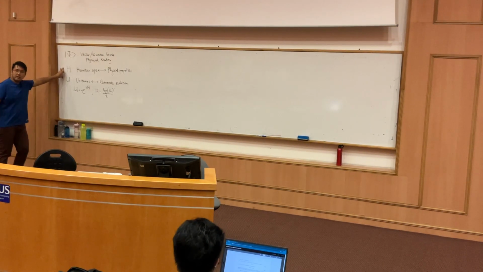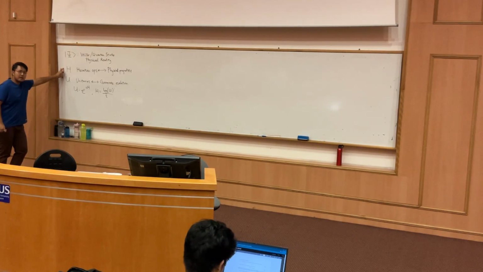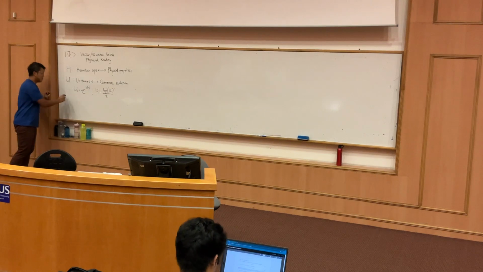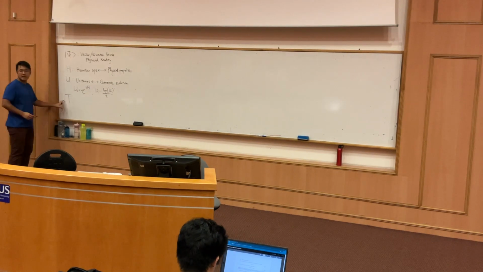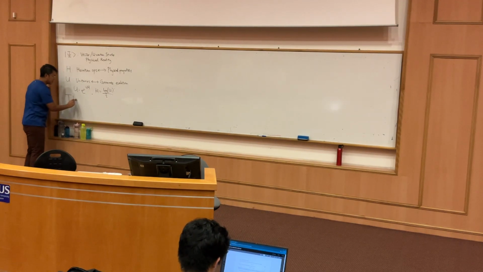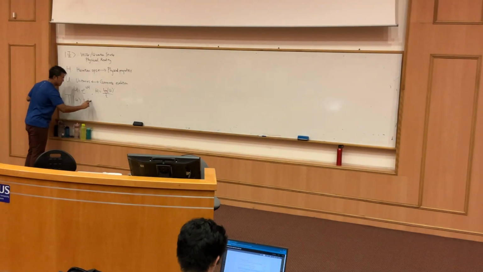Okay, so let's now talk about the properties of the operators themselves. Remember that a linear operator is one which maps, so suppose I have a linear operator T, it maps some vector alpha to some vector beta.